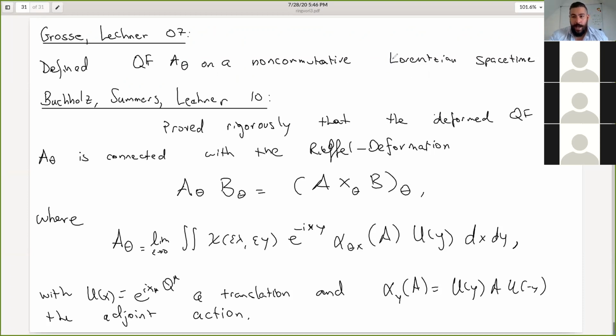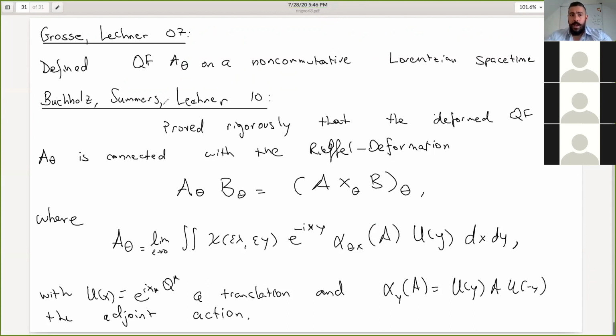Now, if you don't have points, what does that mean? It means that the causality condition doesn't hold anymore, and that is a huge setback for non-commutative quantum field theory.